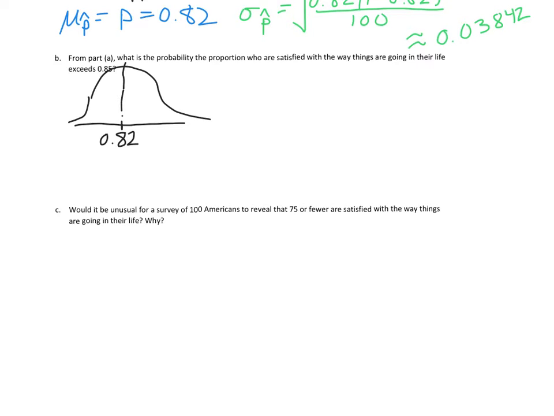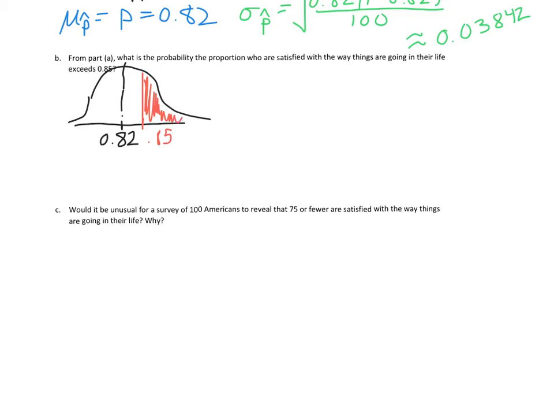So there's your mean. The proportion exceeds 0.85, so maybe 0.85 is right here approximately. So exceeds the mean, we're going to the right.